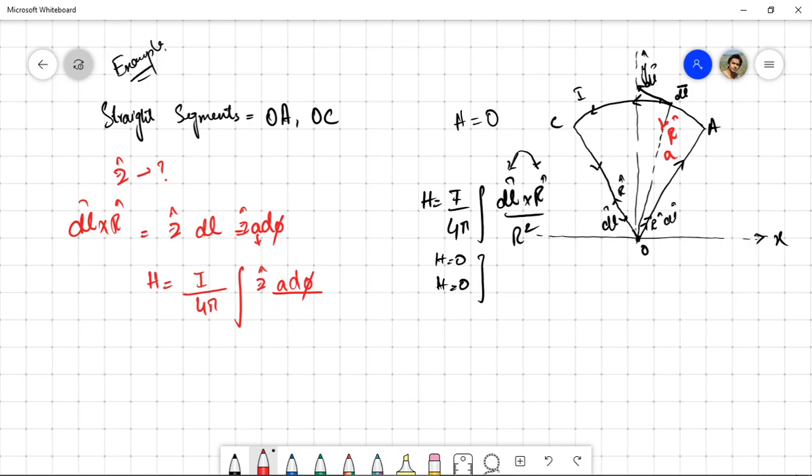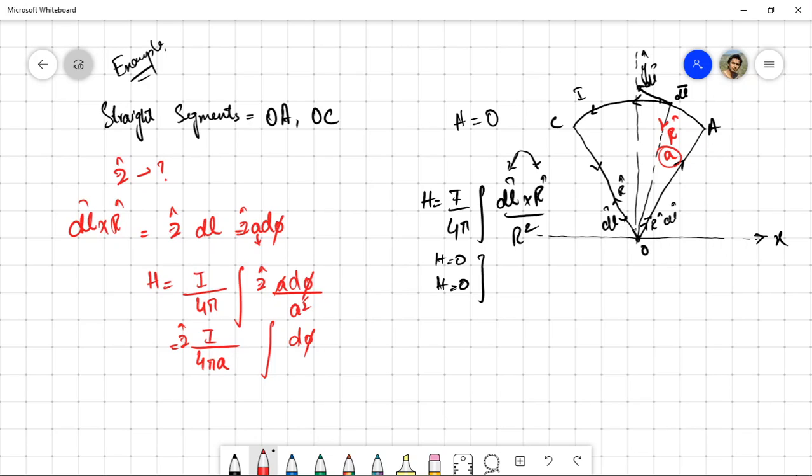The magnitude of r is a, so a square. This gives I over 4 pi a, and a is constant, so it comes out of the integral of d phi.